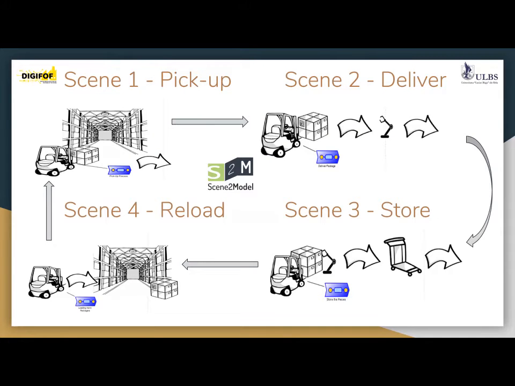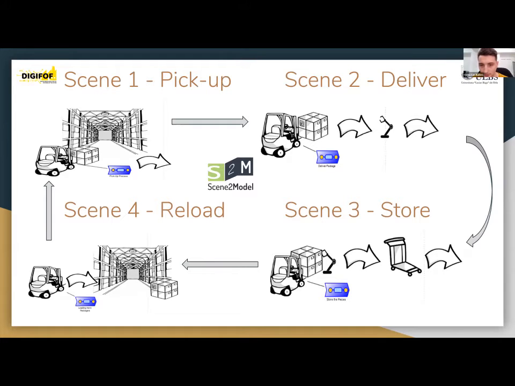Okay, so for my project, with Sim to Model, I needed four scenes. The first scene is where the AGV will pick up a box containing multiple pieces or parts, and then it goes to the robotic arm, which will store those parts in whatever container it has to be stored.